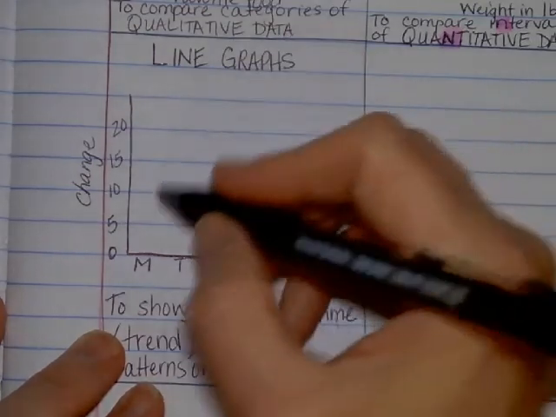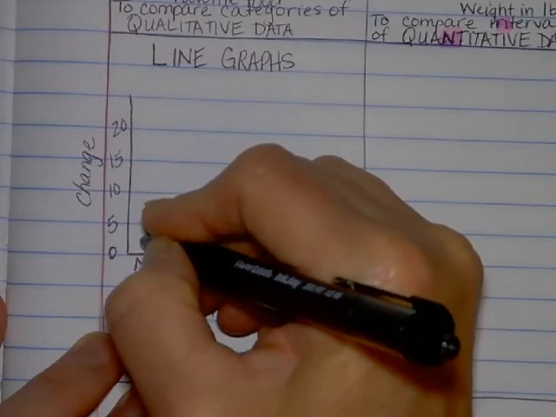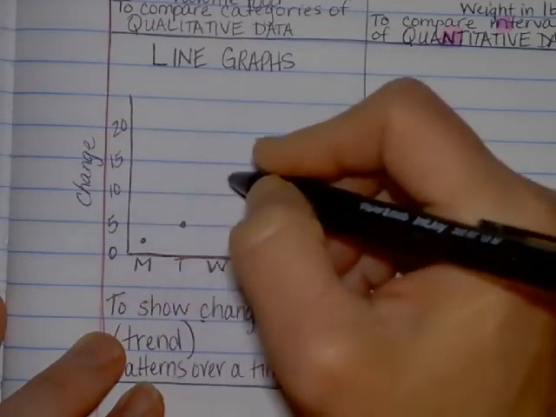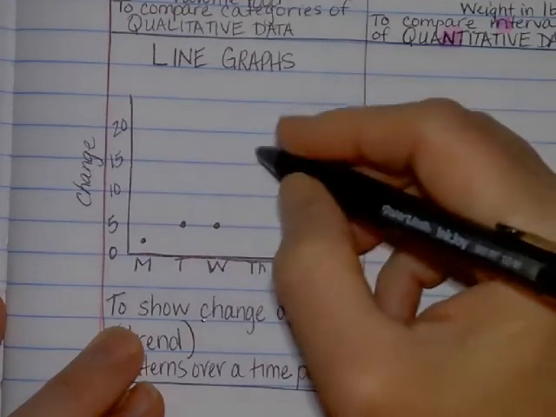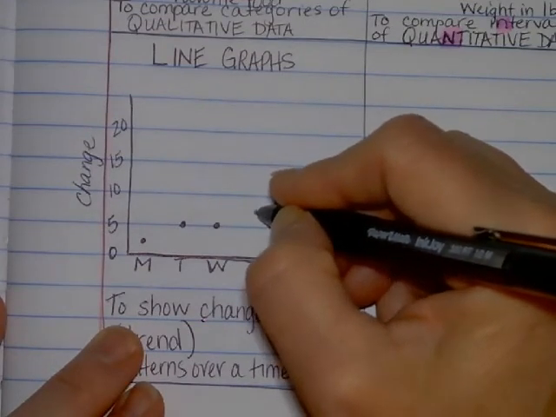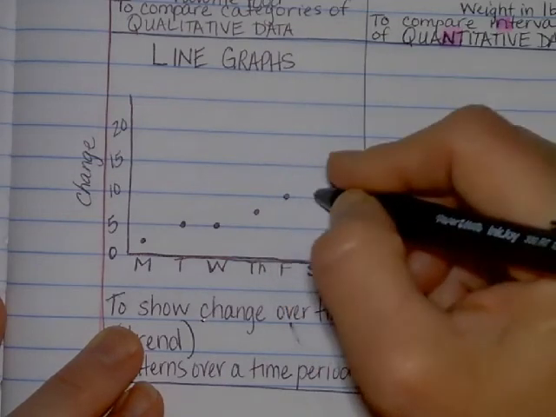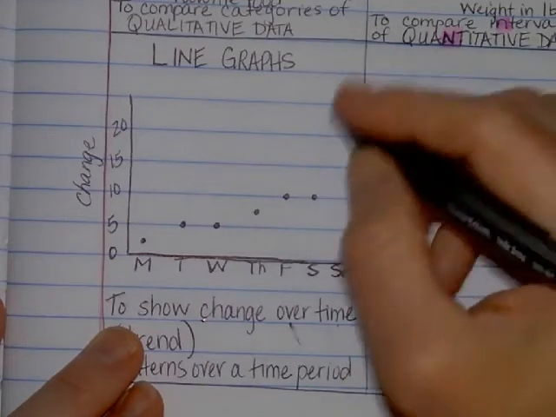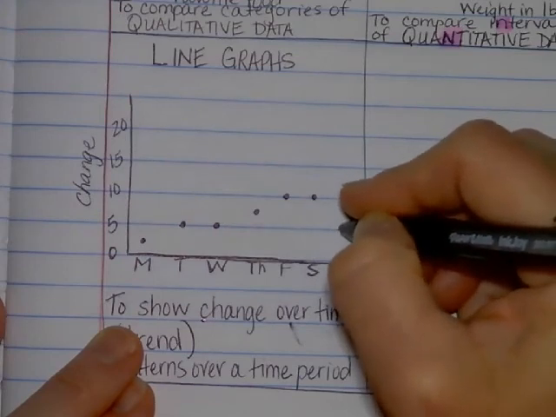So if we said on Monday, I was only able to do 2, and then maybe I worked my way up, and Wednesday I was able to do about the same, and then Thursday, maybe Friday, Saturday, and then we'll say oops.